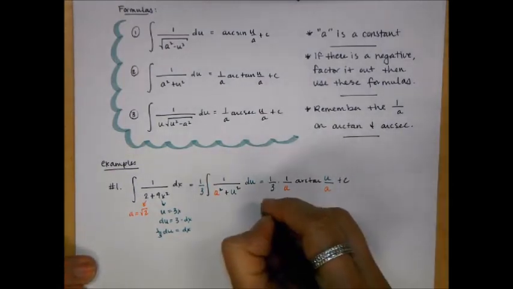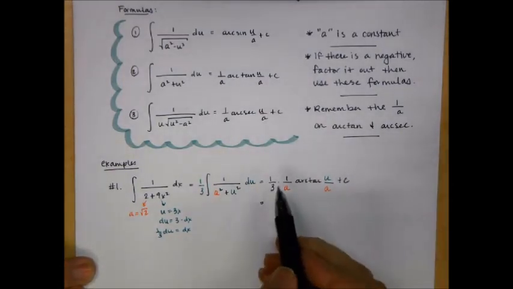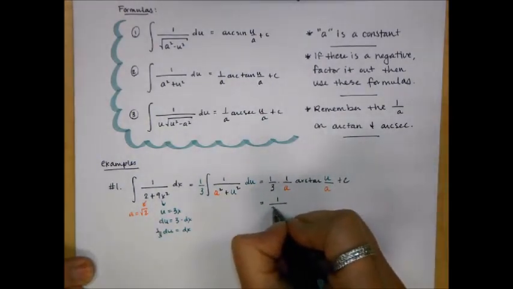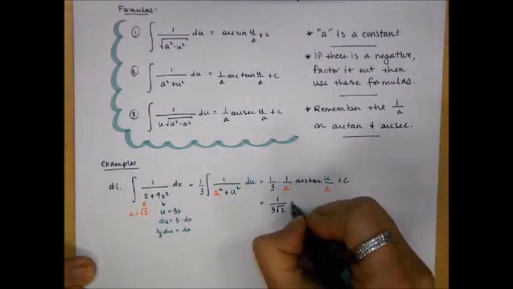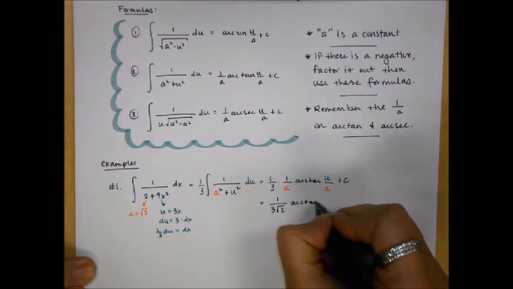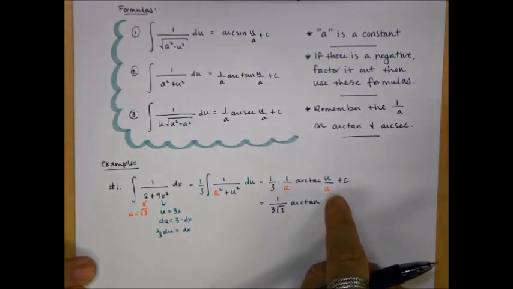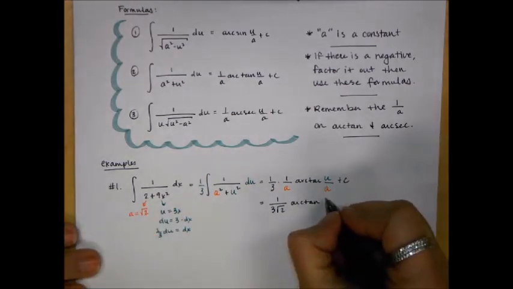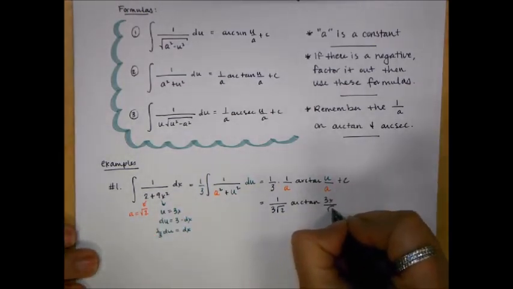From here, you'll just make your substitutions back in. So a is root 2, 1 over 3 root 2. Arctangent of u over a, so 3x over root 2. And then plus c.